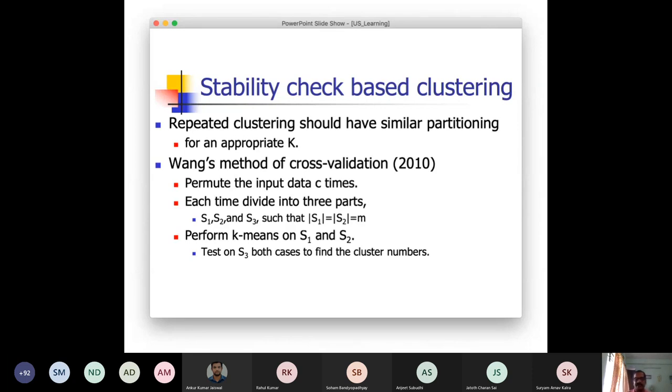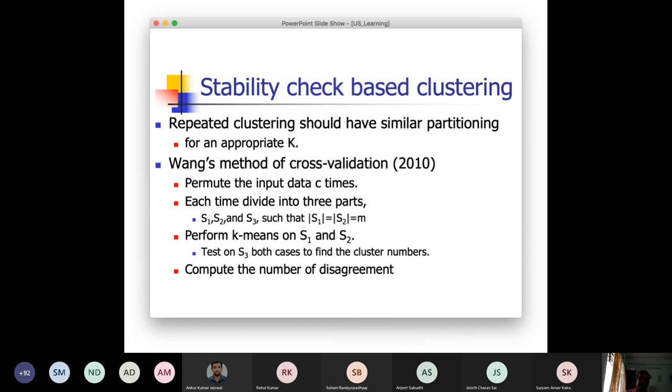Now, as I was mentioning, since you are testing, you can use some kind of nearest neighbor rule for cluster centroids. And then you can again use an FM measure kind of thing with respect to this. So if you consider a pair of samples in S3, and they occur in the same cluster of S1, it is expected they should also occur in the same cluster of S2.